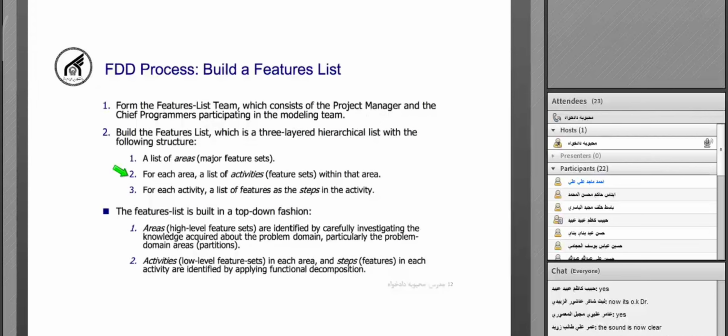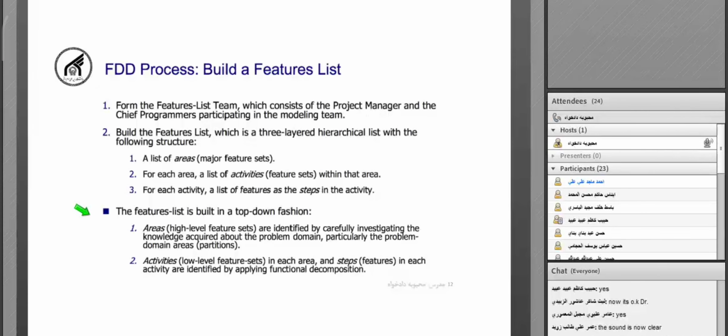And then for each activity, we have a list of features as the steps of that activity. So we have a list of areas. For each area, we have a list of activities. And for each activity, we have a list of features or steps.